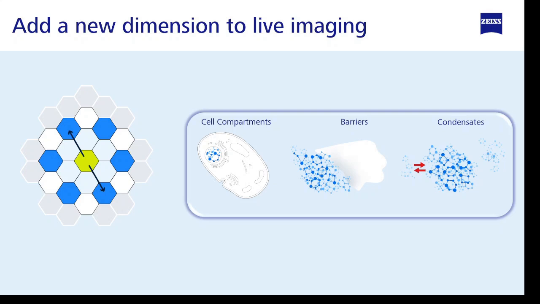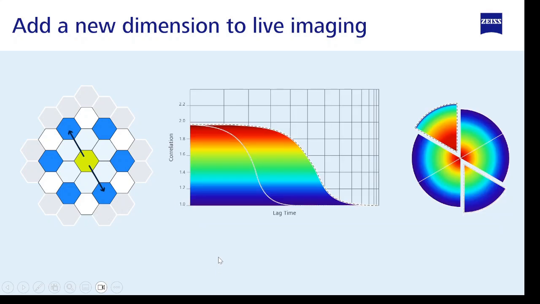The center detector element is correlated with the third ring of the detector elements. So along each axis, we will have a cross-correlation curve, and these cross-correlation curves can be compared with each other in regard to number of molecules and diffusion speed.